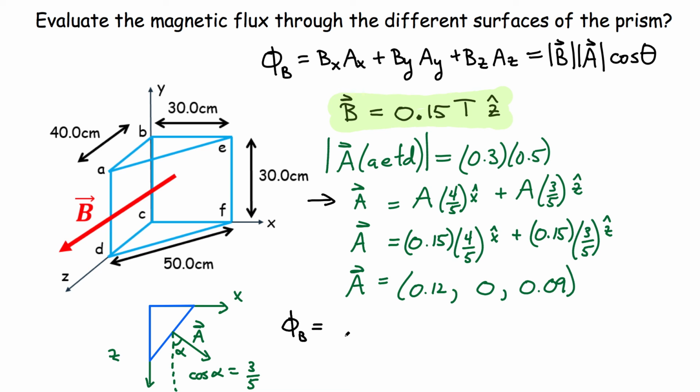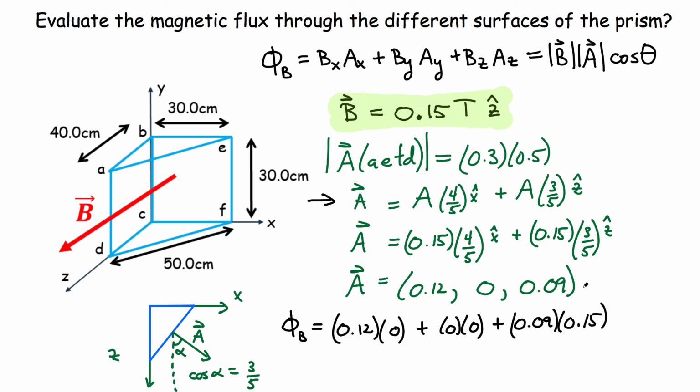Using our first definition, what we have is the component AX, 0.12, multiplied by BX. BX is 0, plus you get 0 for the x component of the area and 0 for the x component of the magnetic field. That also gives you 0. And the last one now is you get 0.09 for the area z component, multiplied by 0.15.